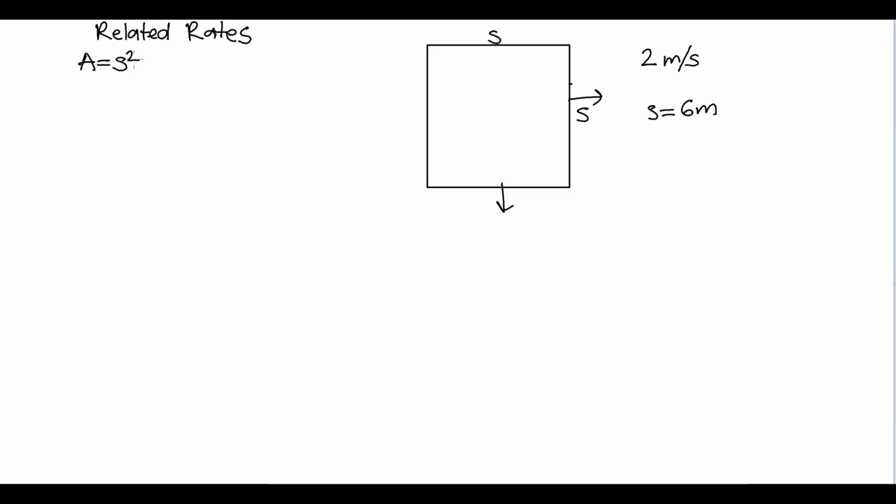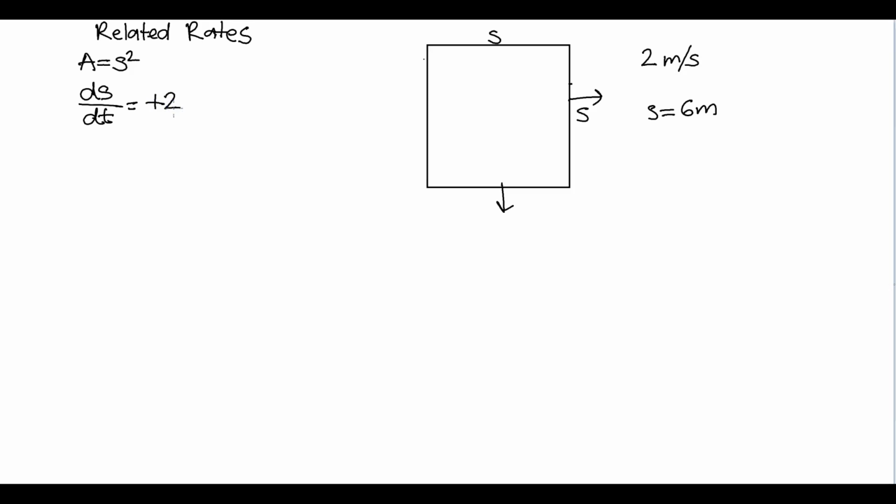We know that the side length, both of them, increase at a rate of 2 meters per second. So ds/dt, basically the rate at which the side length changes with respect to time, is positive 2. And I say positive because there'll be examples where there are negative rates, and we'll do one of those later.